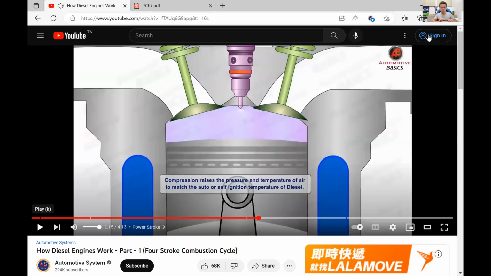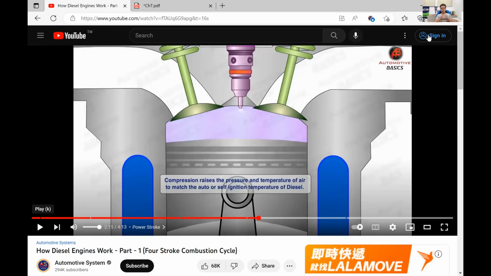Look at this, here it says compression raises the pressure and temperature of air to match the auto or self-ignition temperature of diesel. So what is being compressed is just air.